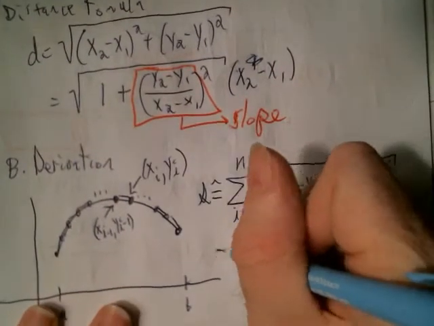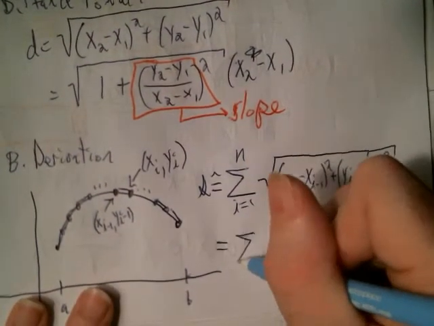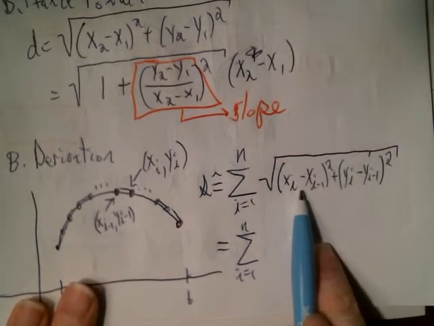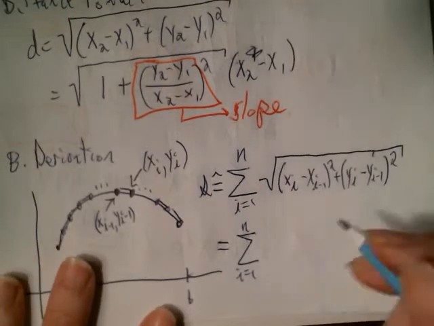So, anyways, let's do that. I have a sum from i equals 1 to n, and I'm factoring out x sub i minus x sub i minus 1 squared.